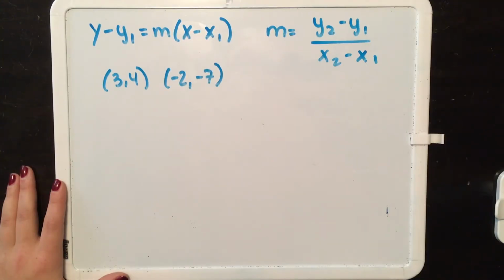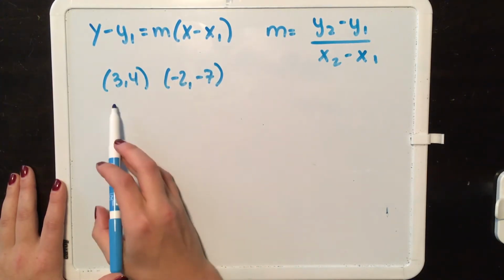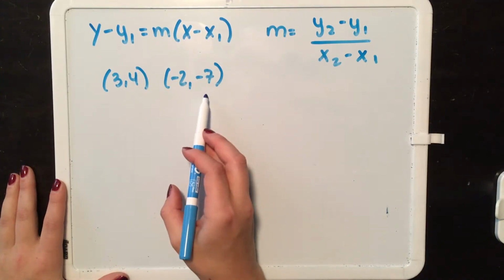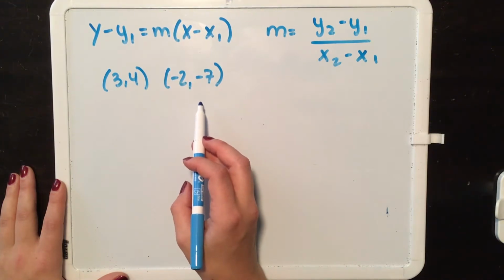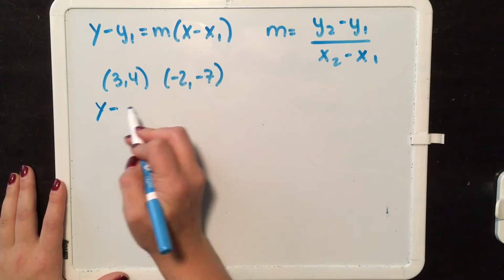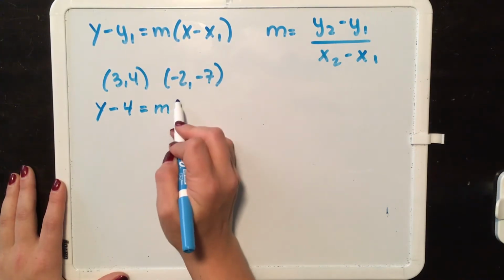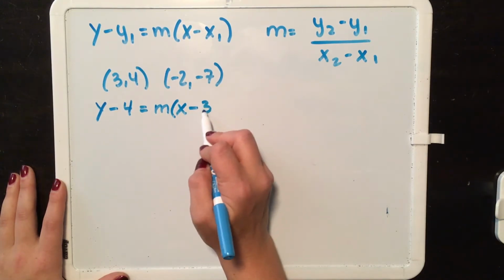I'm going to go through one last example, but I'm going to give you two methods to calculate. We're going to have 2 points, (3, 4) and (-2, -7). If we'd like to find the equation of the line connecting these 2 points, we put it in the point-slope form. y minus y1 equals m(x minus x1).